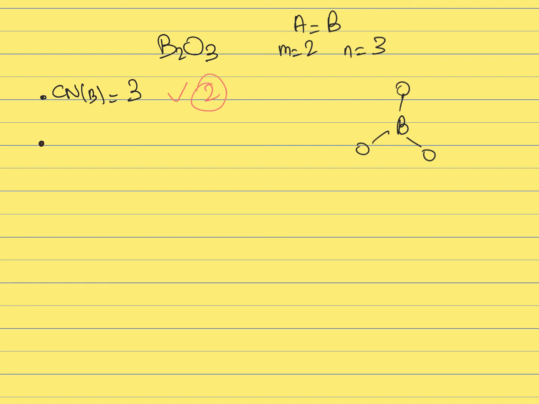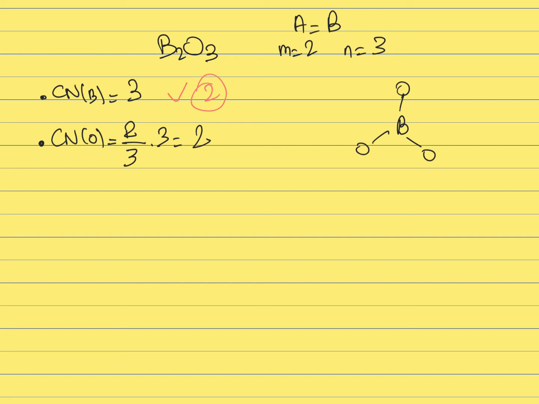Same thing, we can now check what is the coordination number of the oxygen. For the coordination number of the oxygen, we can use the same formula as we saw for the case of silica. The coordination number of the oxygen is going to be equal to the number of the cation, which is 2, divided by the number of the oxygen, which is 3, times the coordination number of boron, which is 3.